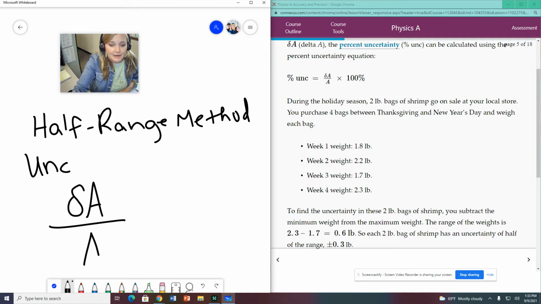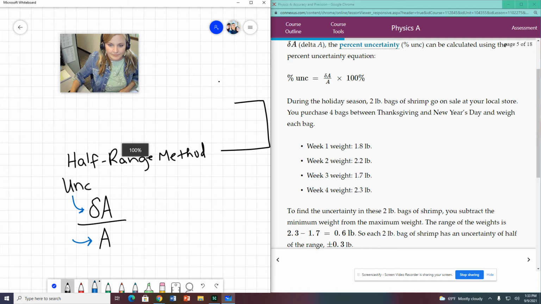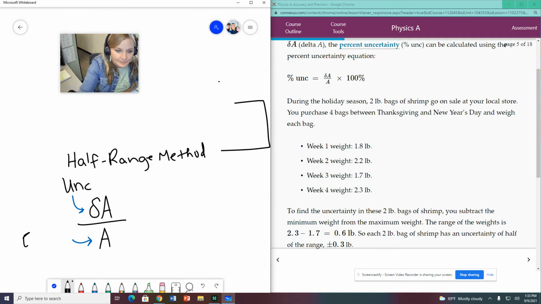And then the uppercase A is indicating the value. I sometimes don't like shorthand because it becomes a bit confusing. So this is your uncertainty, and this is your expected value right here. Okay.